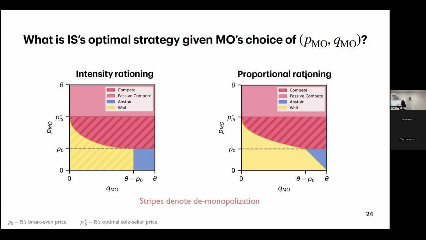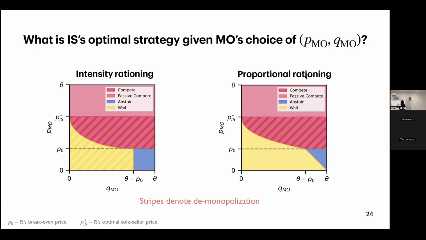And the stripes here are worth pointing out. So the stripes denote demonopolization. So on the previous slide, we defined demonopolization as when the independent seller is setting a price that's strictly lower than they would have otherwise.